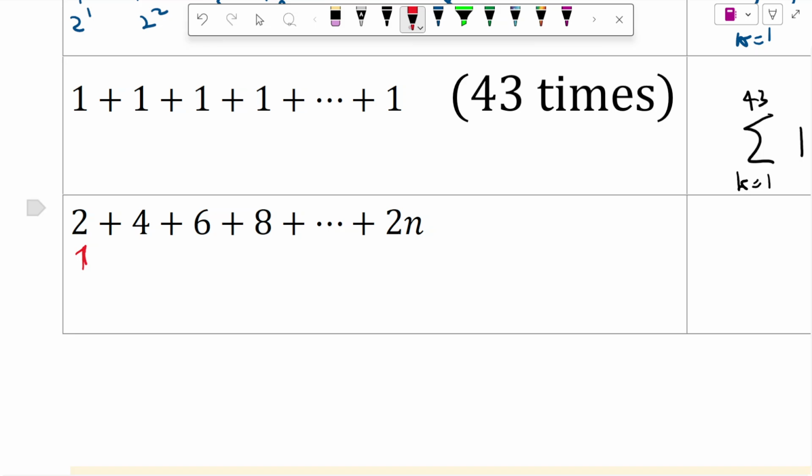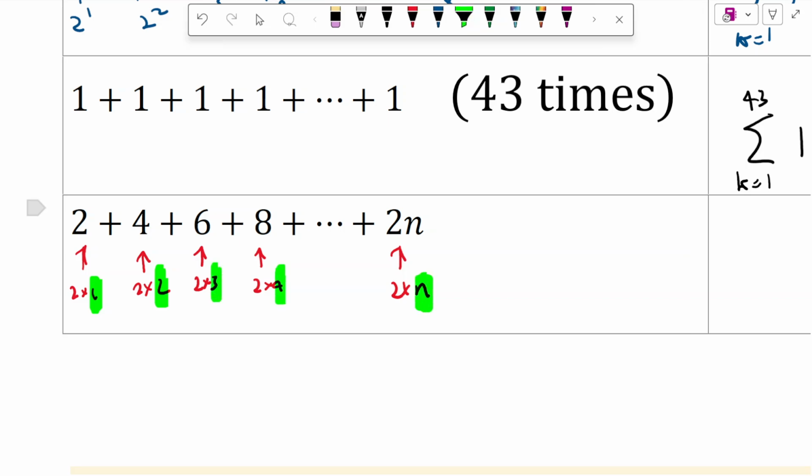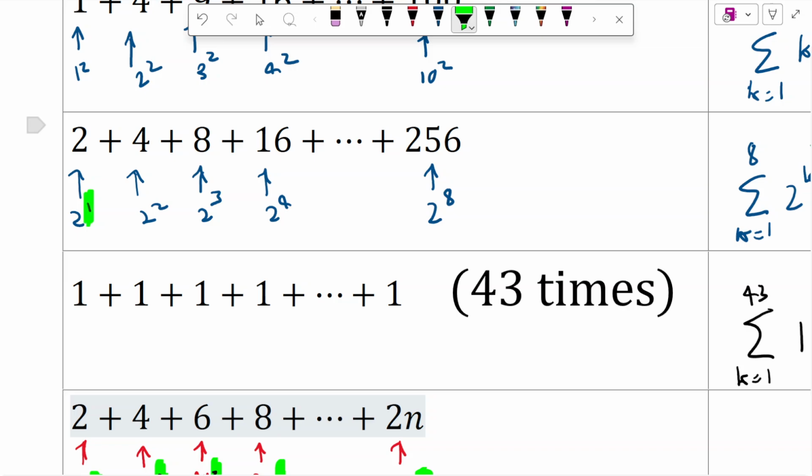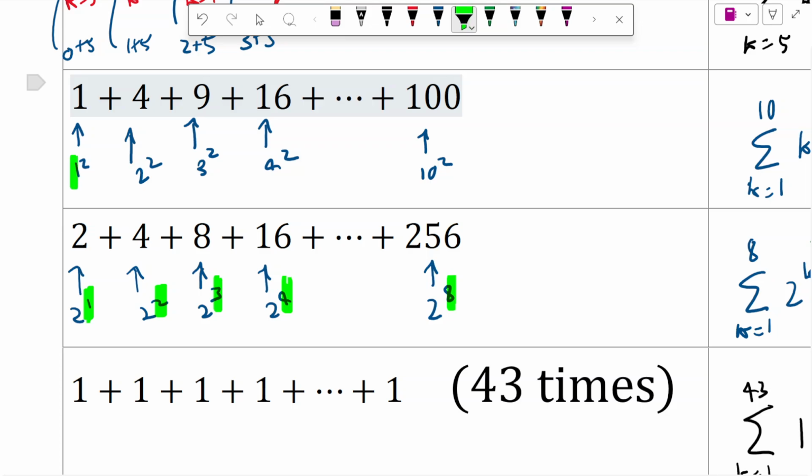This one's a little bit nastier. So this one you can write as 2 times 1, 2 times 2, 2 times 3, 2 times 4, and 2 times n. Now the number that's increasing by 1 each time is this. Your number does have to increase by 1. So for example, here it was that number 1, 2, 3, 4, all the way up to 8. And here it was the base, 1, 2, 3, 4, all the way up to 10.